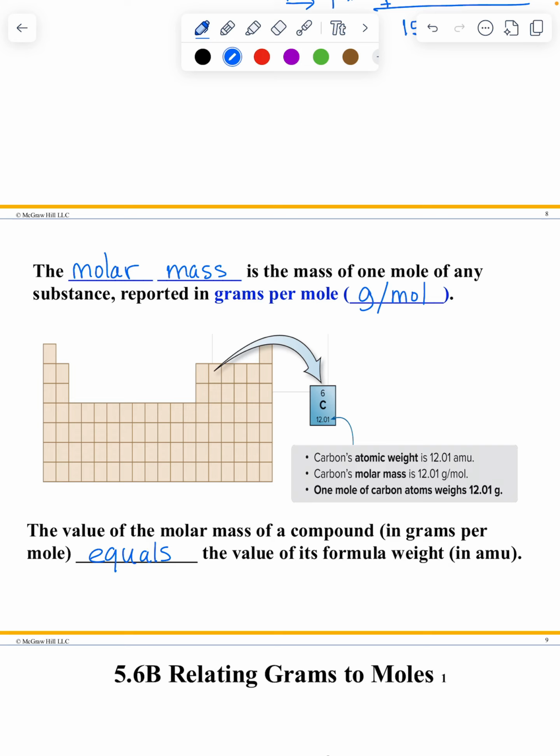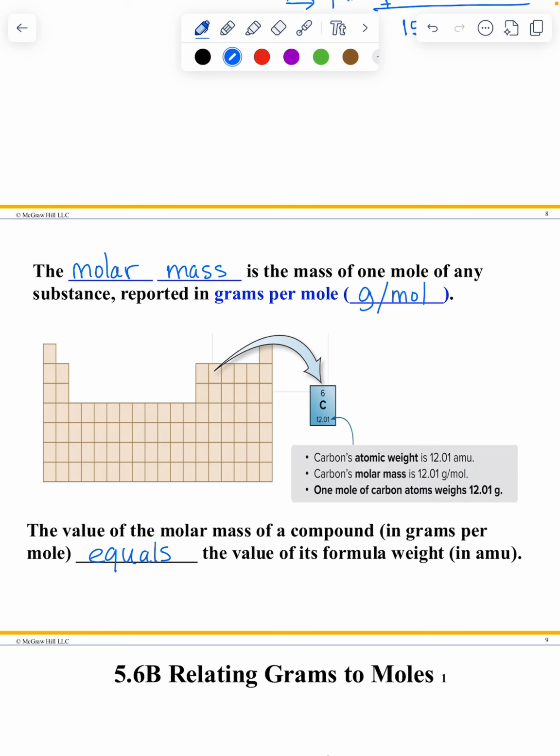And so we can simply look at a periodic table and find out the atomic mass from the periodic table, and that equals how many grams there are in 1 mole of that atom. So we see here, the example is carbon. Carbon has an atomic weight of 12 AMU. Carbon's molar mass is 12 grams per mole. So those are equal.